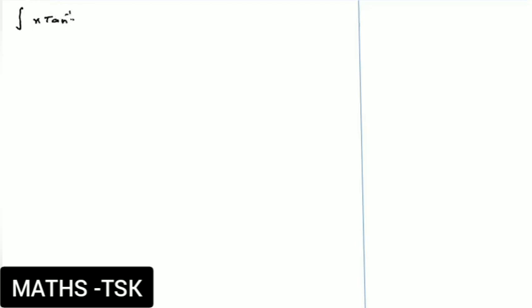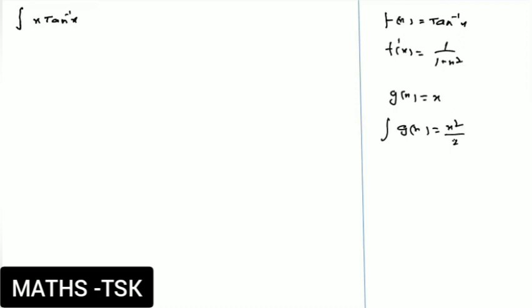Next problem. So here you consider f of x as tan inverse of x. Its derivative becomes 1 by 1 plus x square. What is g of x? It is x. What is the integration of g of x? It becomes x square by 2.